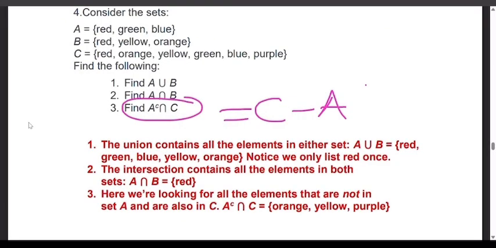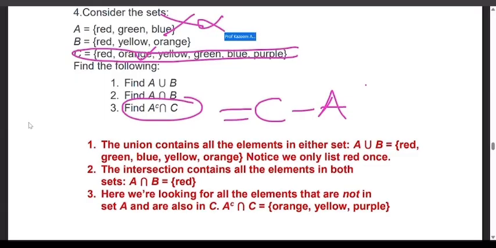When I say C minus A, I want to figure out the elements that I have in C but not in A. Like orange: there's orange in C, there's no orange in A. There is yellow in C, there's no yellow in A. There is purple in C, but there's no purple in A. The bottom line is, whenever you see A complement intersection C, it is synonymous with C difference A. That's exactly what we mean.